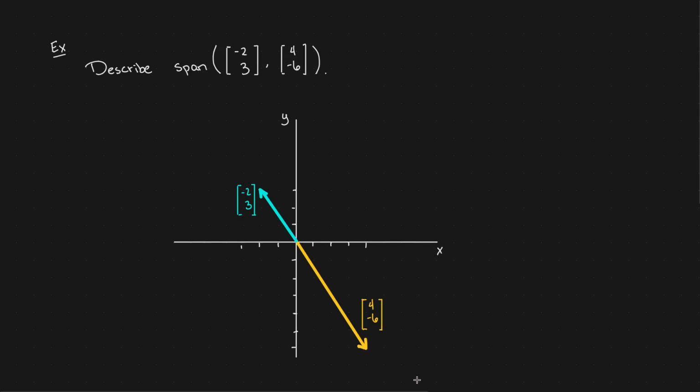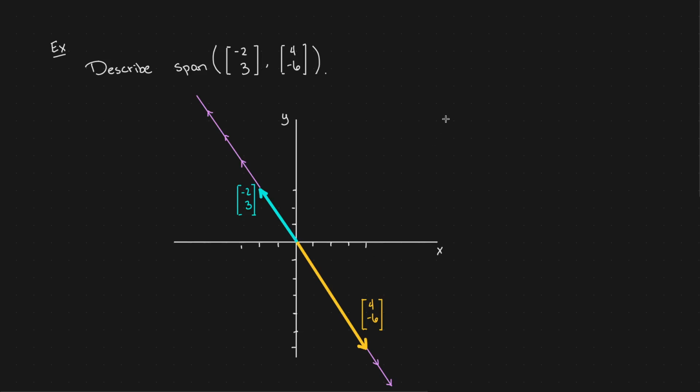And after a little thought, you're going to realize that we can't span the whole plane of R2. This vector can only move along this line. It can move forward or backward, but can only move along that line. 4, negative 6 can only move along the same line, forward or backward.